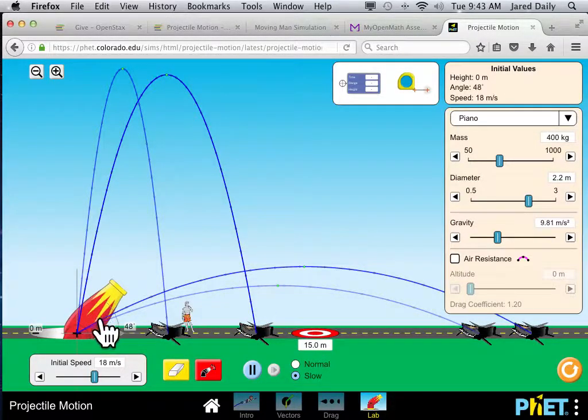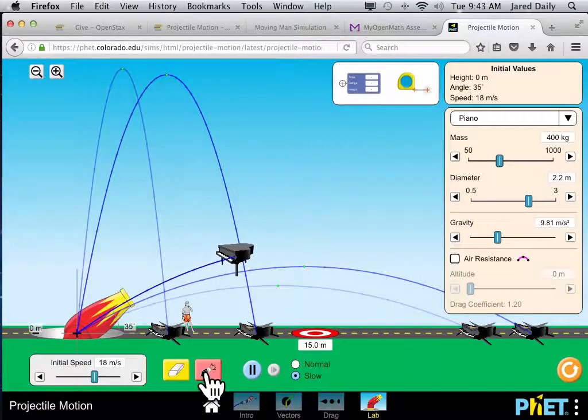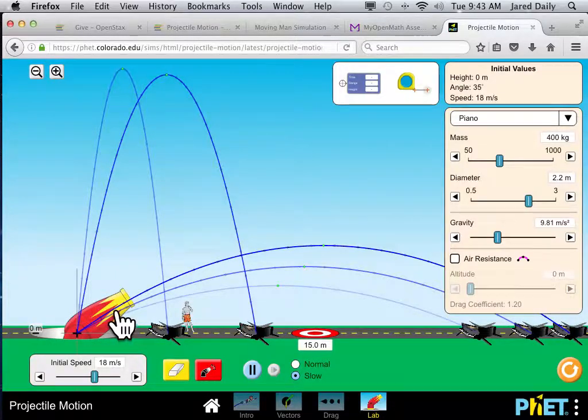So that's at 30 degrees. Or that was at 80 degrees. Let's go here at 35 degrees and fire. So 35 degrees gets its way out there again. Let's jump up to 40 degrees.